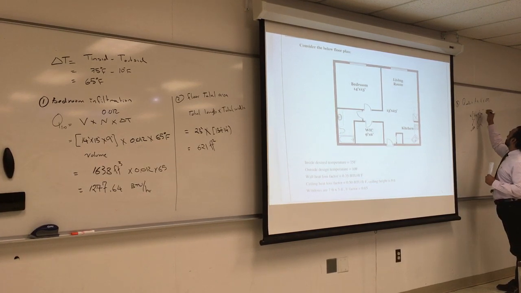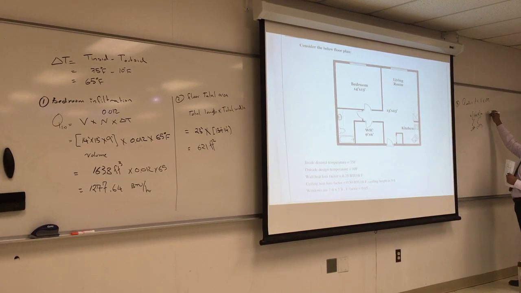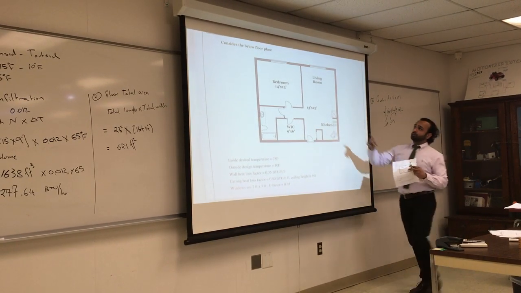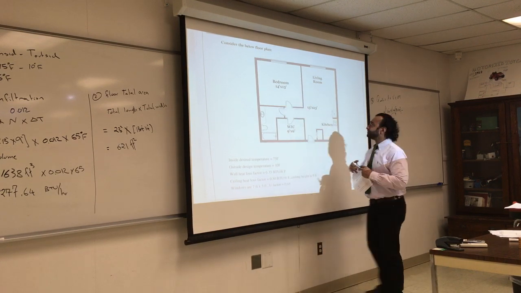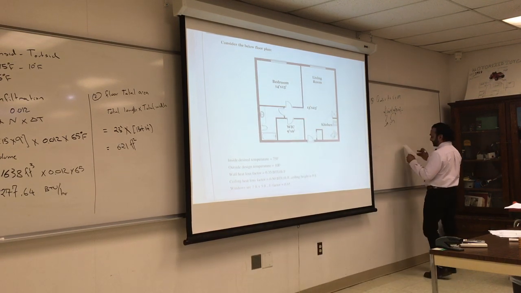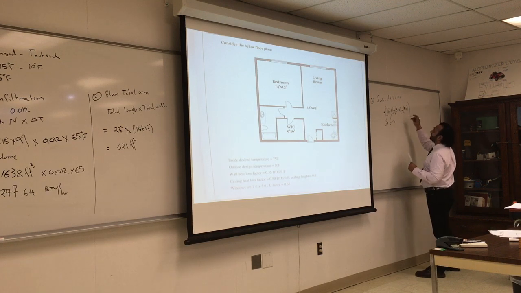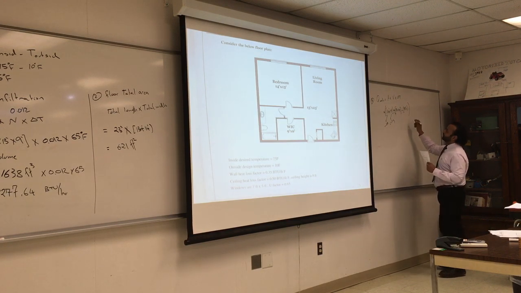Plus 13 times 9. Minus the window, right? Which is 35. That should give me the area for the wall.